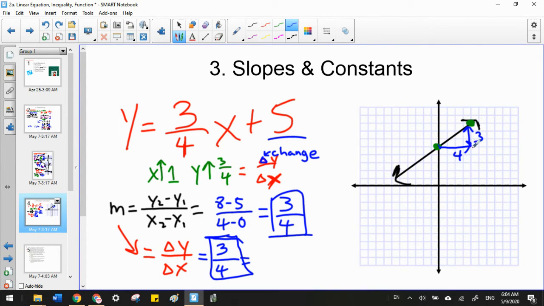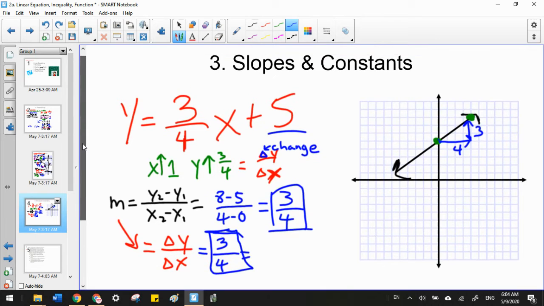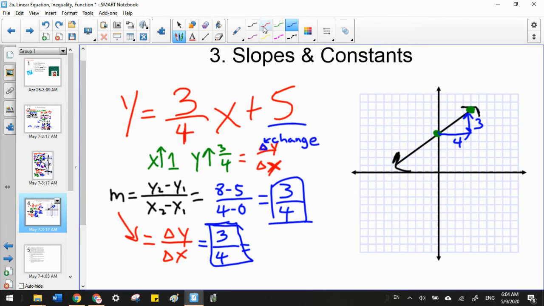All I'm doing is just counting change. And one interesting thing about slopes is that if you have a linear line, which means that the slope throughout the entire line is 3/4, you should be able to take any 2 points and make the exact same ratio between the y value and the x value.